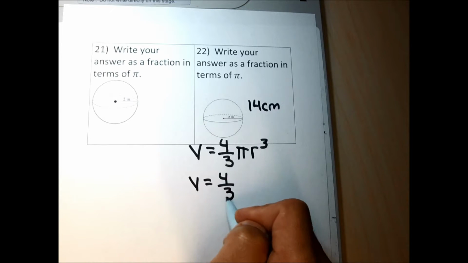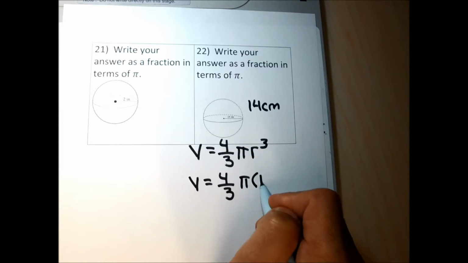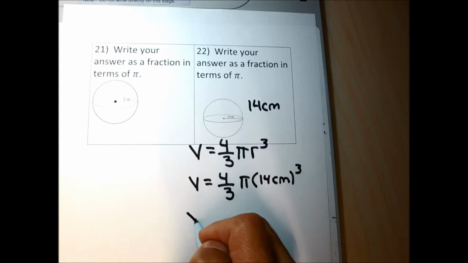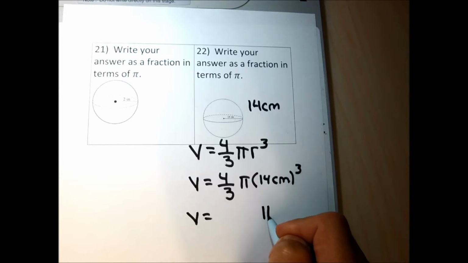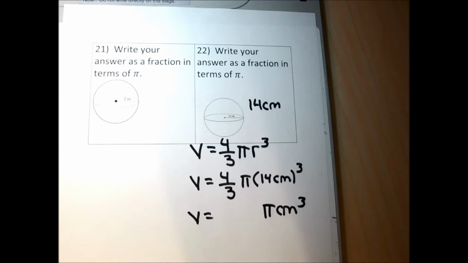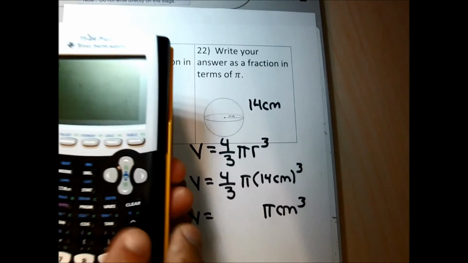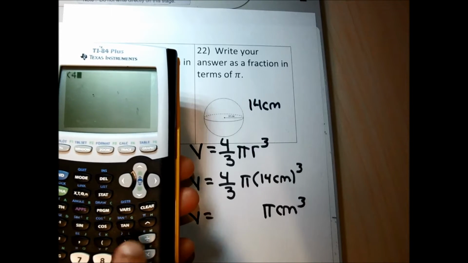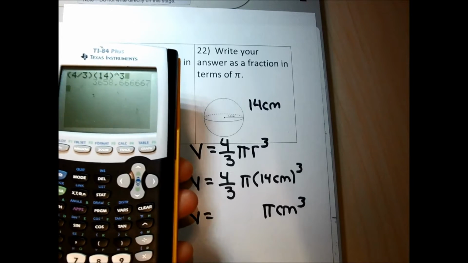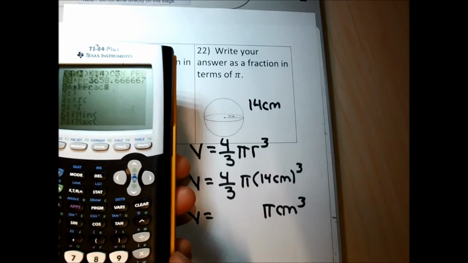So I'm going to go 4/3 times pi times 14 centimeters cubed. My answer is going to have a pi and cubic centimeters in, and whatever the multiplication comes out to be as a fraction. So I'm going to go 4 divided by 3 times 14 cubed, and math, enter, enter.